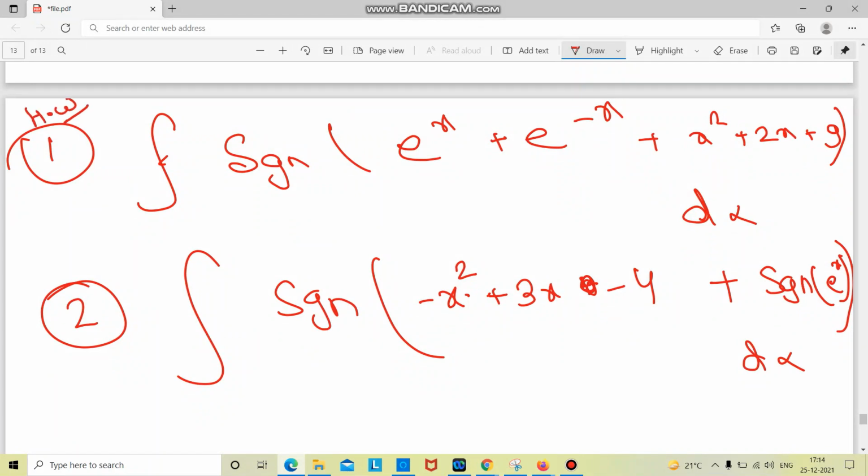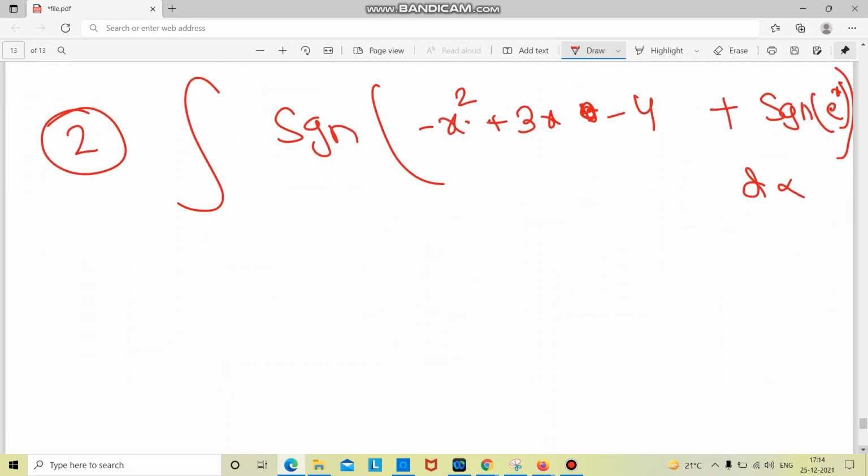This is our second question. You can do both in homework as it is a very conceptual question, not very calculative. So you can do it in homework.